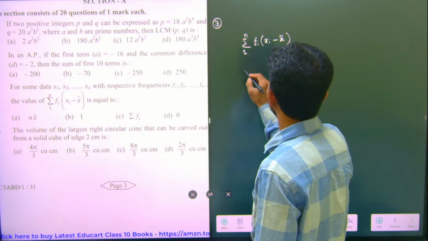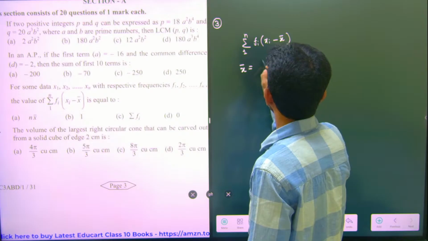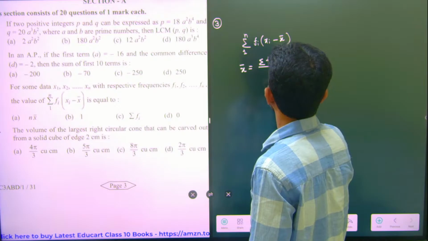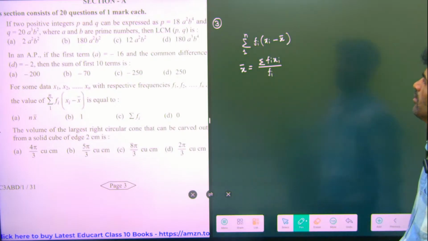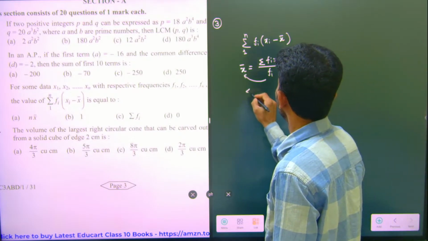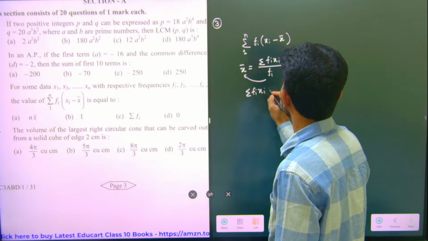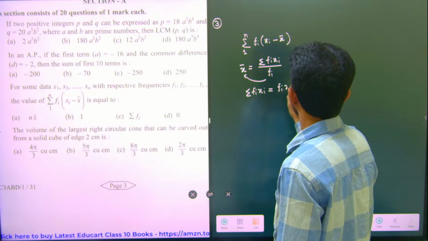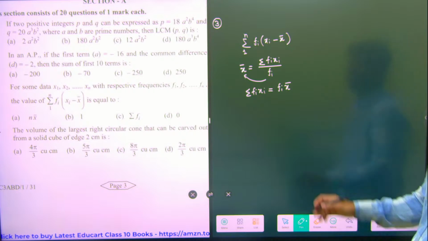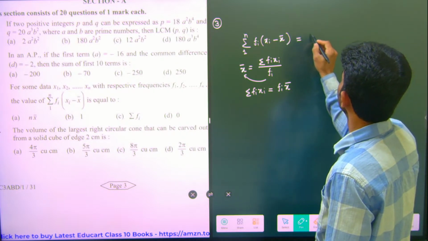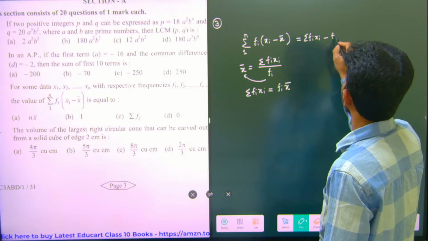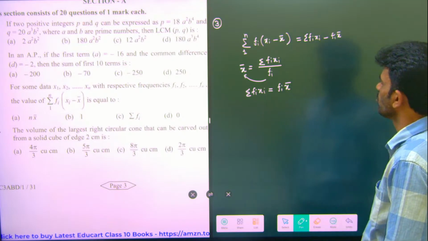We will use the formula here. X bar is equal to summation of fi xi by summation of fi. Now from this, if you send this fi here, summation of fi xi is nothing but summation of fi into x bar. So these two are the same. Now if you find the result, summation of fi xi minus summation of fi into x bar, once observe these two are what?